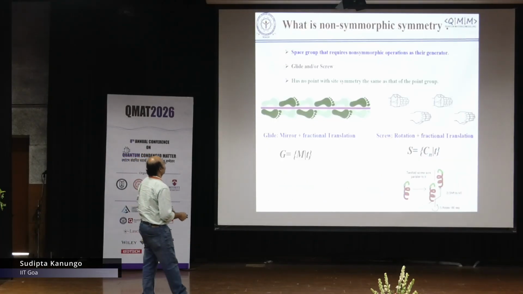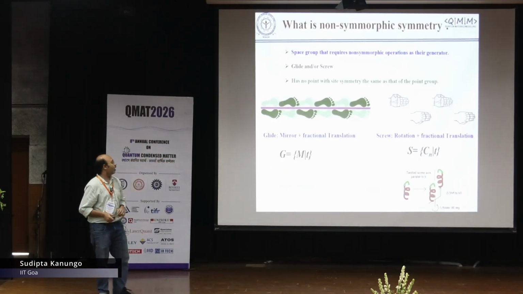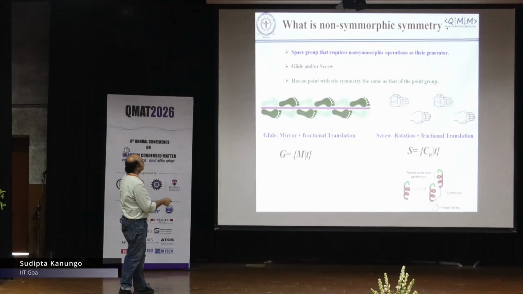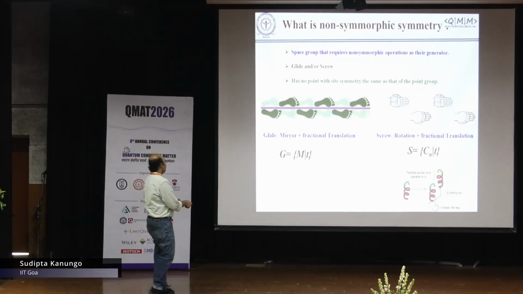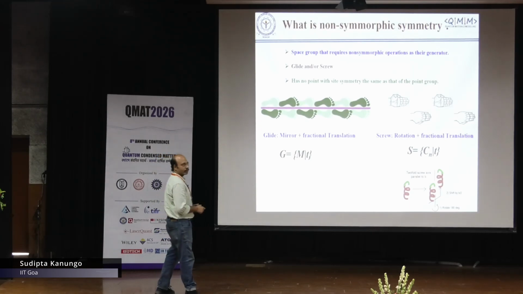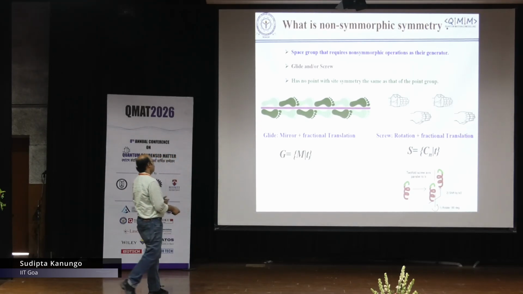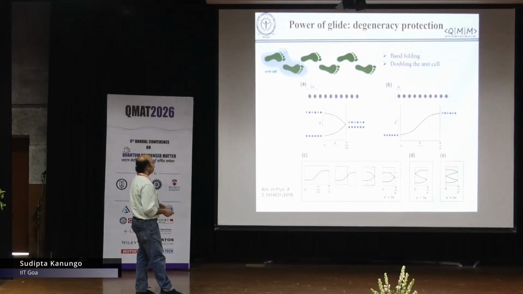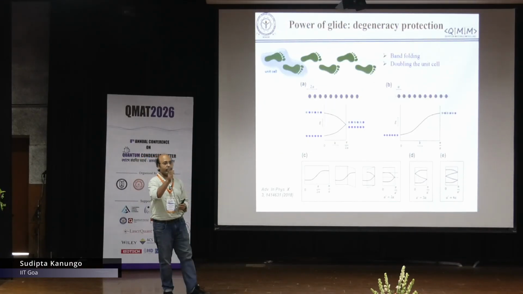So this, okay, just to give a brief understanding, in the case of the non-symmorphic symmetry, I have either a glide symmetry or a screw, where I have a mirror combined with the translation or a rotation combined with the translation, and we can understand the degeneracy by just a band folding mechanism.